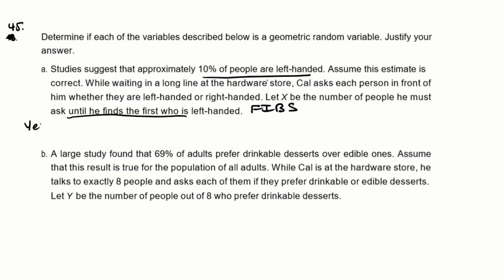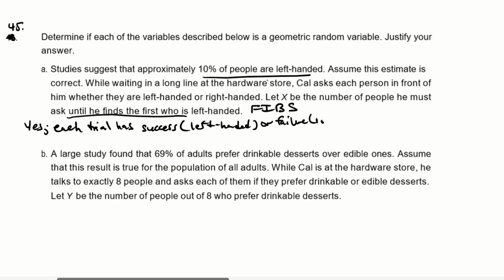And then let's define it. So each trial has success or failure. They're not left-handed. We can assume independence of outcomes for each person.